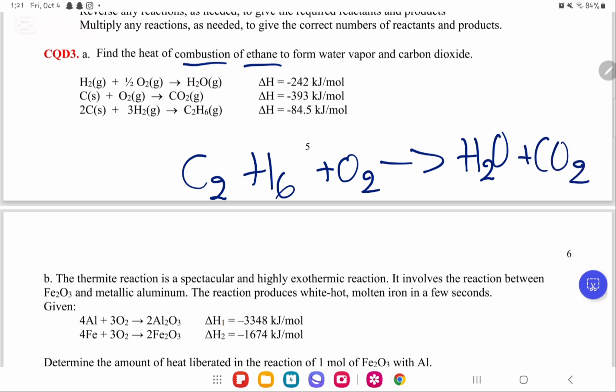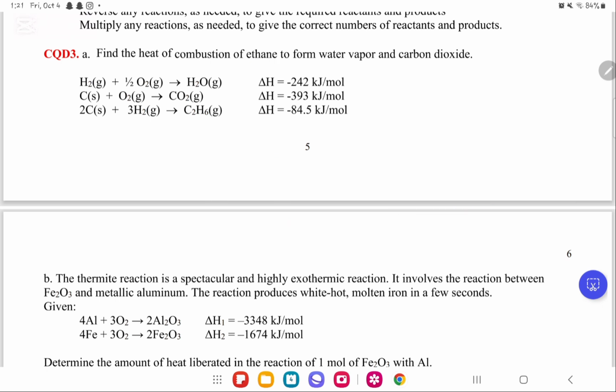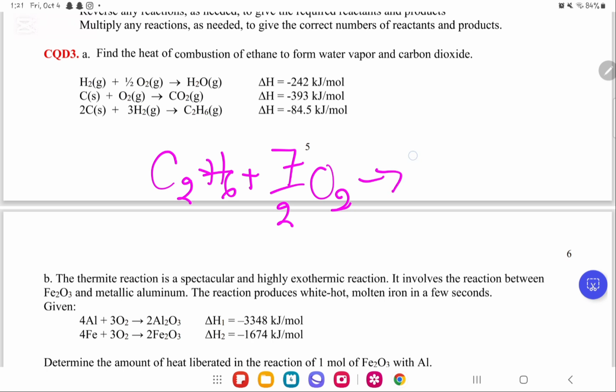They're telling us, find the heat of combustion, find delta H. First of all, is it balanced? It's not balanced. You guys have to balance it on your own. So I'll just give you the final balanced form, which is C2H6 plus 7 over 2 O2 gives us 3H2O plus 2CO2. Okay? Now we start.